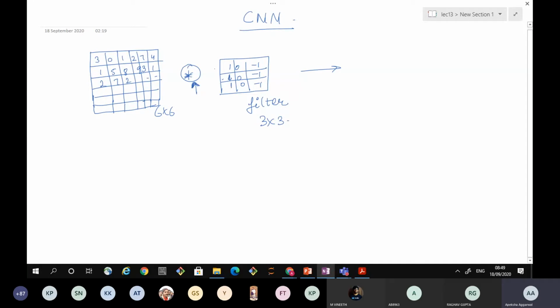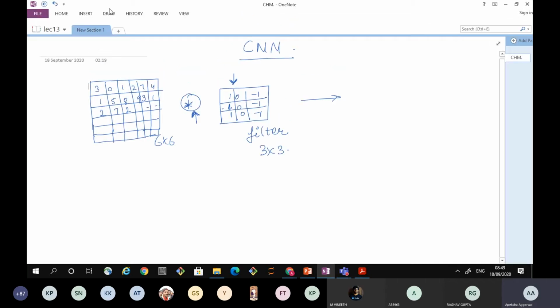It says that suppose you have a filter, what you have to do is put this whole filter over the first section, so over this place I will put my filter, and I will do the calculations.